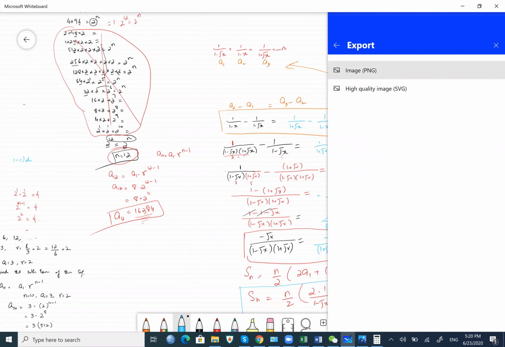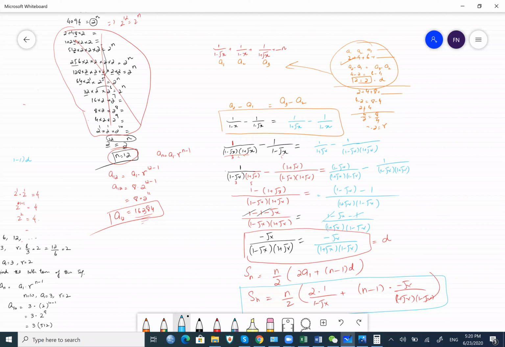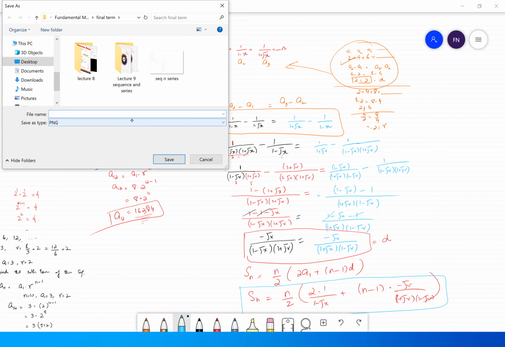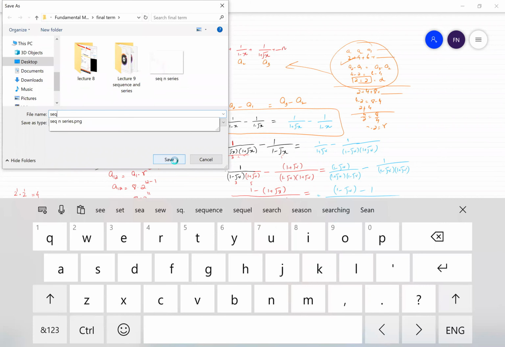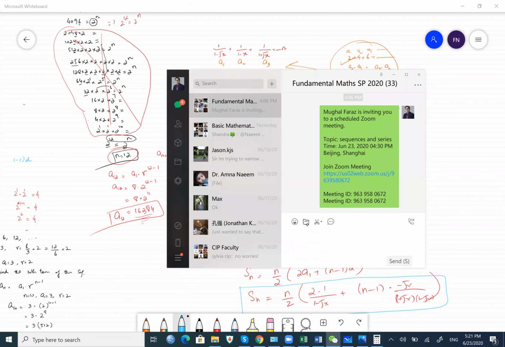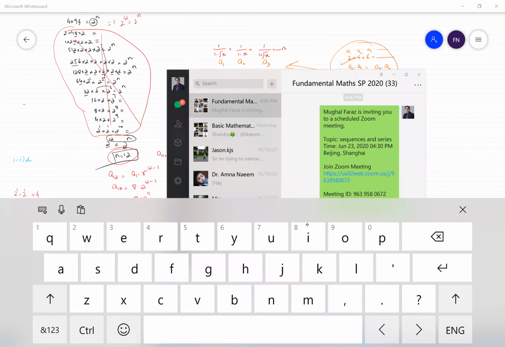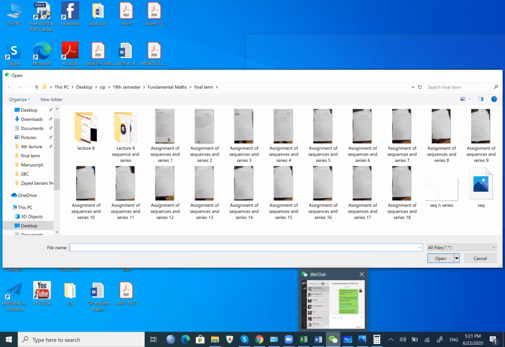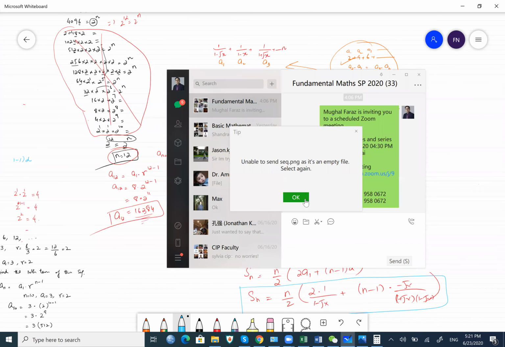Perfect. You can see I just converted it into an image. Fundamental mathematics, sequence. I can save it, and now you don't need to write anything as I mentioned earlier. And here I can share it in the group. That is what I was saying, we will do it in the regular class as well. You don't need to write anything, and here it goes. Unable to send empty.